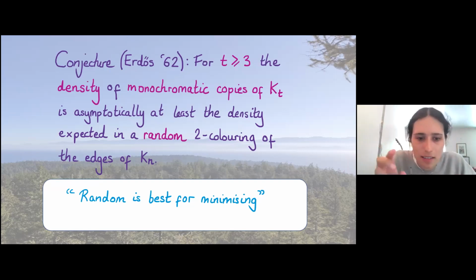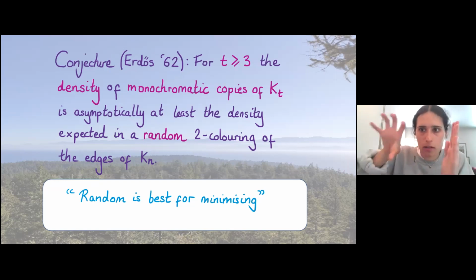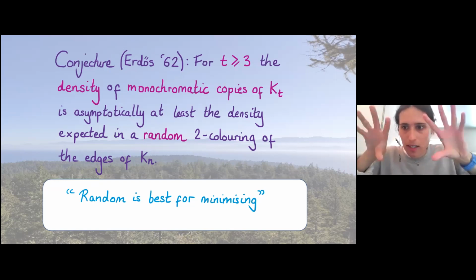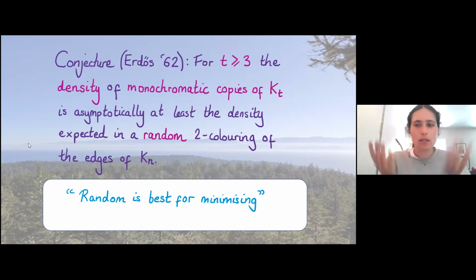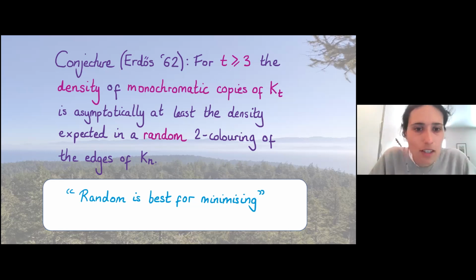Now, it's not to say that this is the only way you could minimize. For example, if we went back to the triangle example, if you took a complete blue bipartite graph and made the two sides red, that's a very non-random construction. That still has a really small number of triangles. But one way of thinking about it is that random is best.